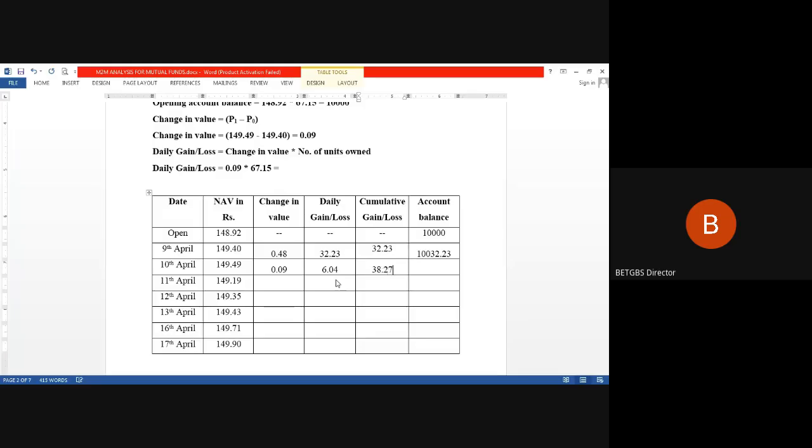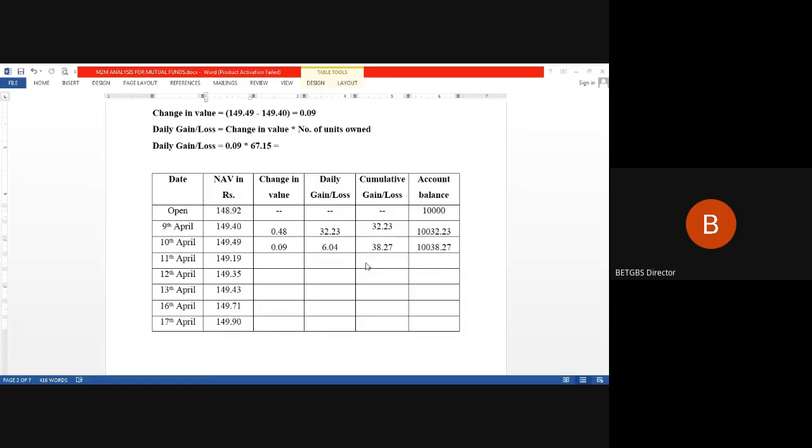The cumulative gain will be 38.27. And again, you're going to increase your balance by 6 rupees 4 paise.